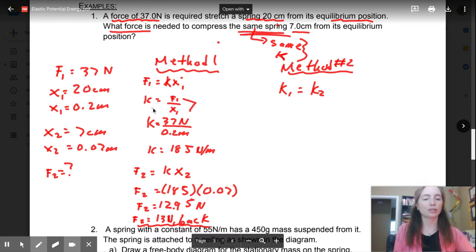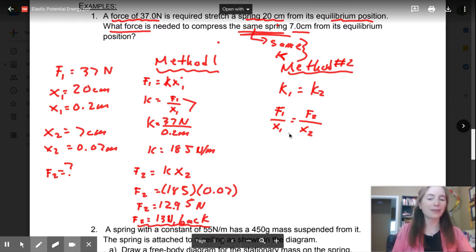Well, look how we rearrange this equation here. F over x equals k. So force 1 over x1 is going to equal k1. And k2 is going to equal force 2 over x2, just like I've rearranged this equation here.